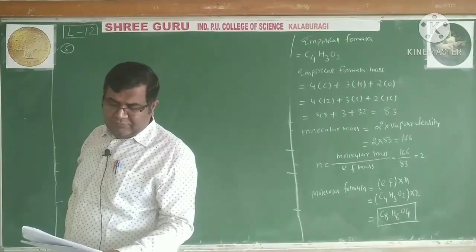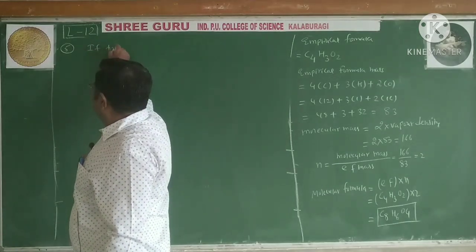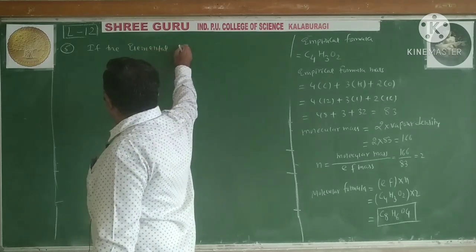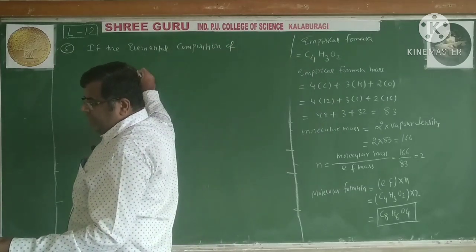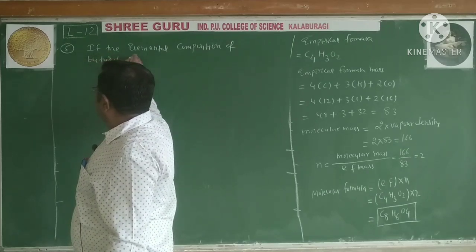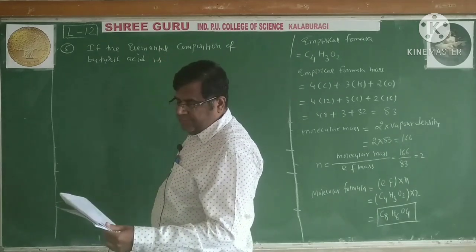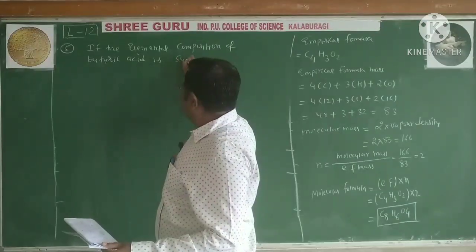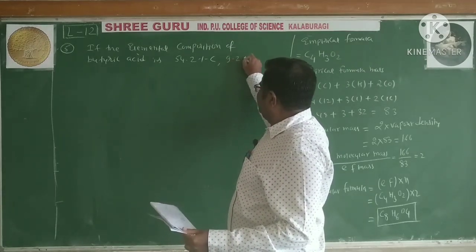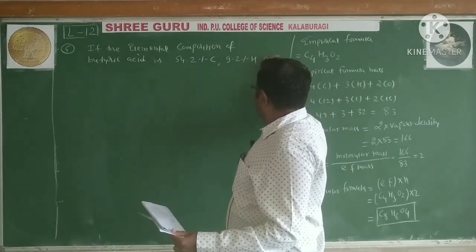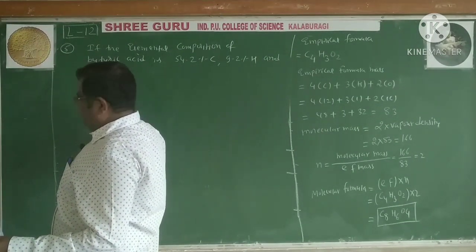Question number 5. If the elemental composition of butyric acid, the common name of the acid, is 54.2% carbon, 9.2% hydrogen, and 36.6% oxygen.